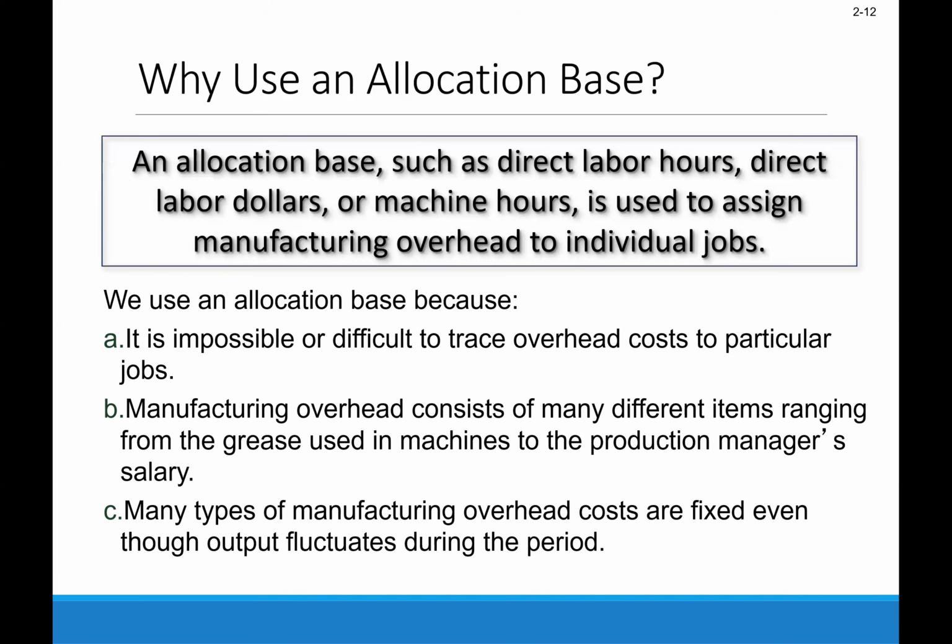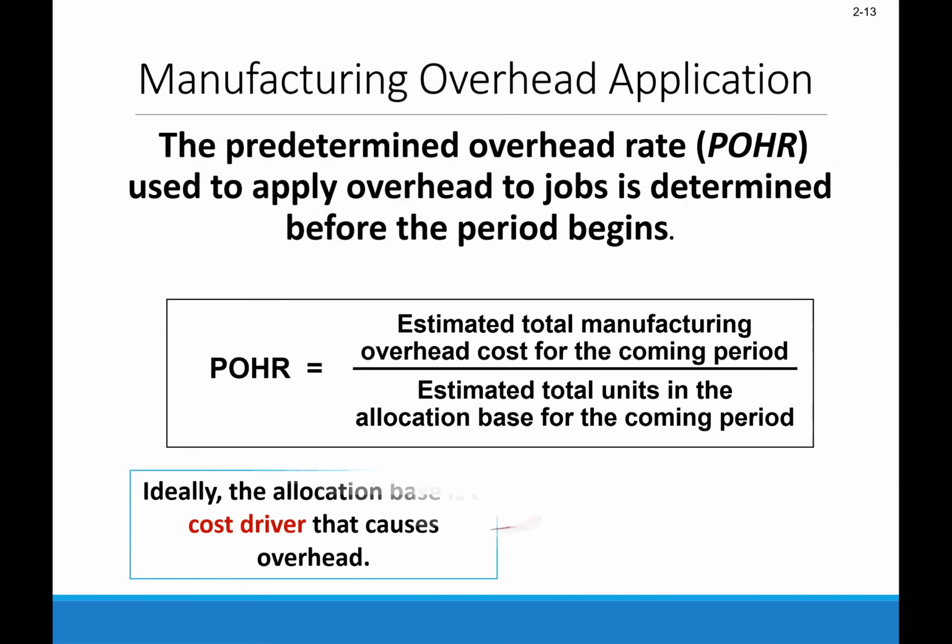Why we have to use an allocation base is we can't trace all these indirect costs to a certain job. It's impossible, and there are so many different pieces that go into this manufacturing overhead. It's a catch-all, basically. So we have to find a way in which we can assign these costs to various jobs.